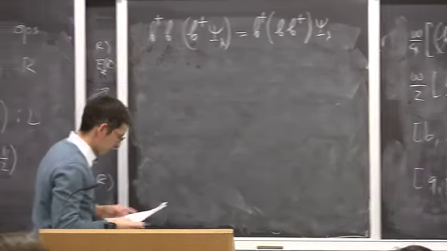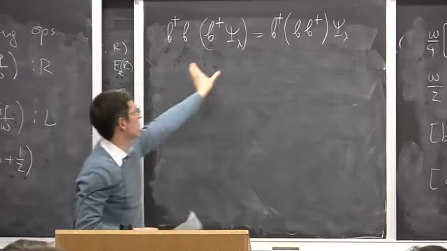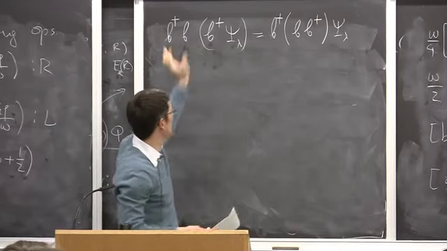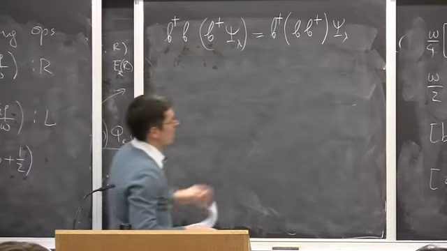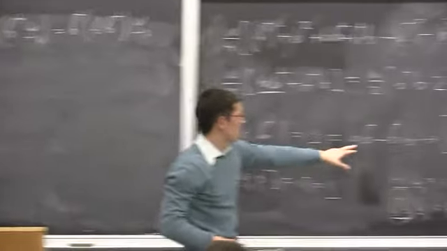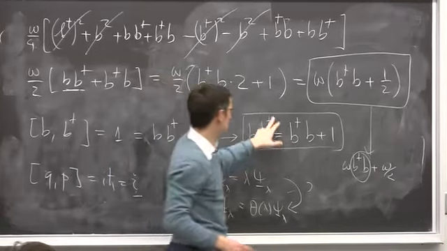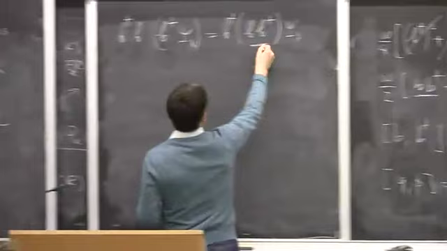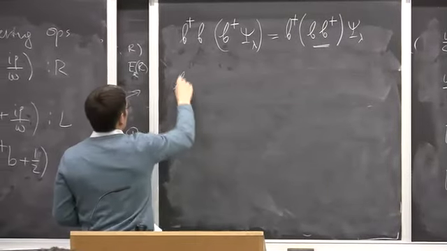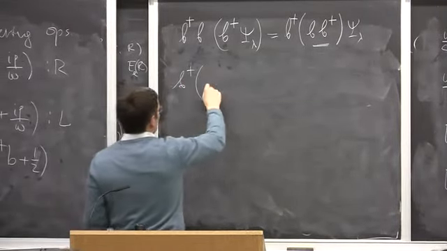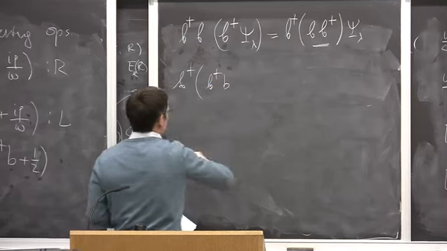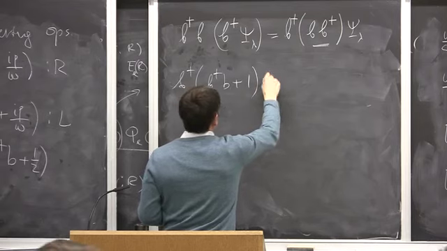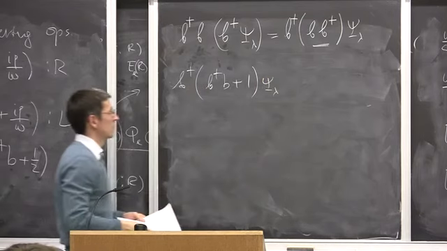I just moved the brackets. Right? I didn't do anything. But we know that b b dagger can be written as b dagger b plus 1. Right? So we can substitute this by b dagger b plus 1, acting on psi lambda. Right?